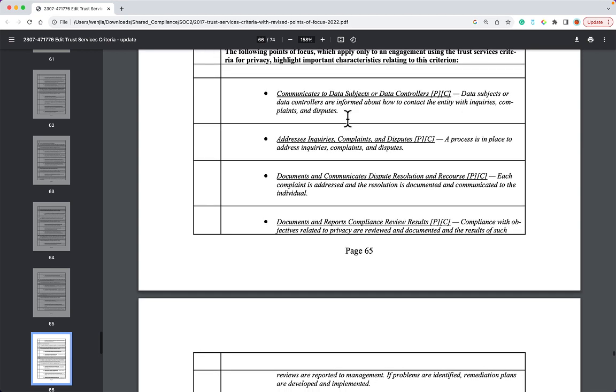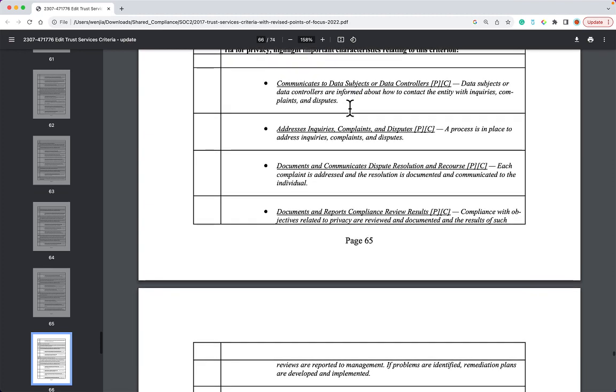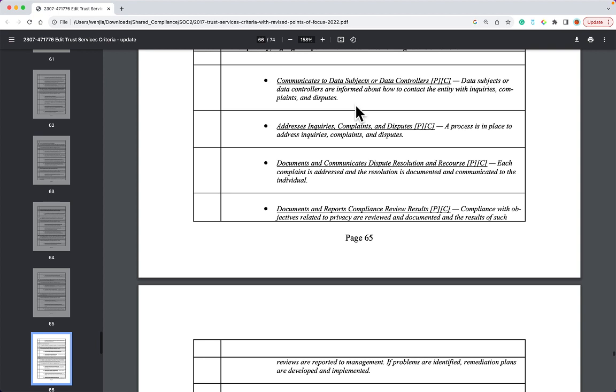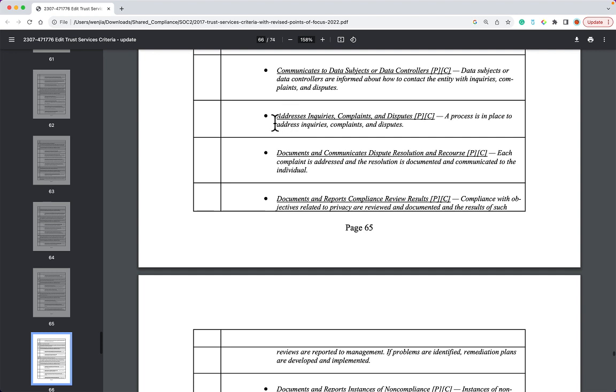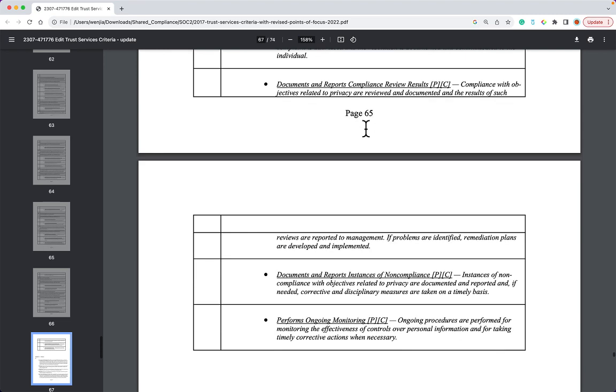Data subjects or data controller are informed about how to contact the entity with inquiries, complaints, and disputes. So you've got to let your user know how they can give you feedback, how they can speak for themselves, address inquiries, complaints, and you need to have this mechanism in place to record this, so you can provide better service. You can deal with the feedback of users.